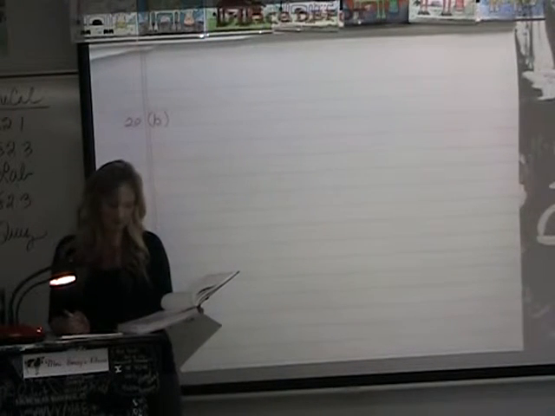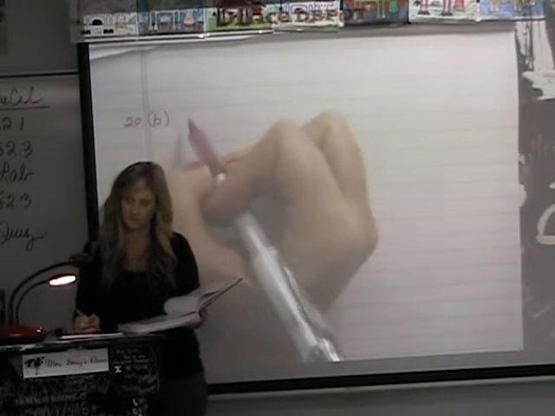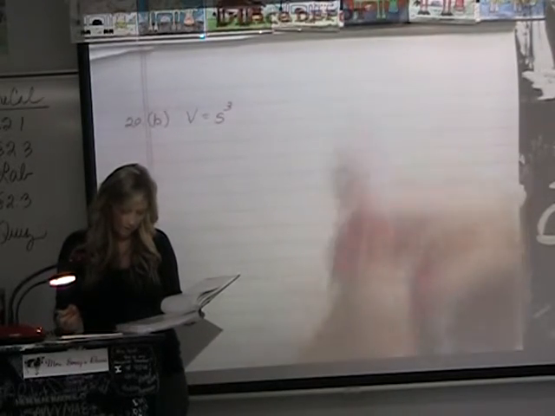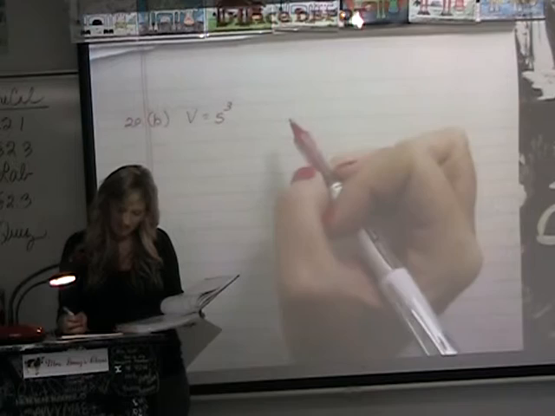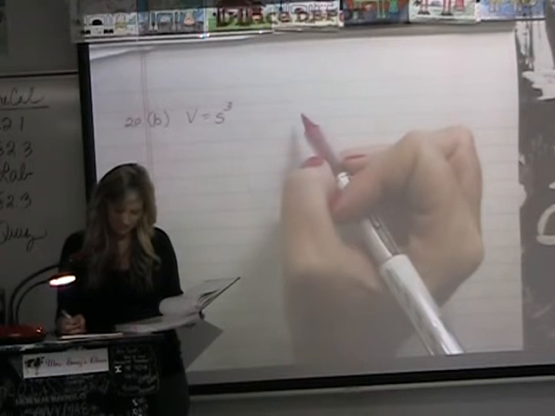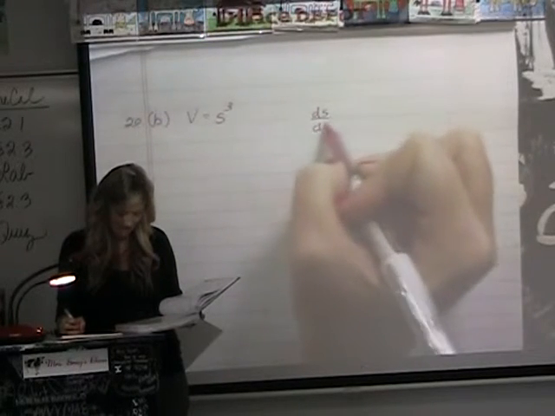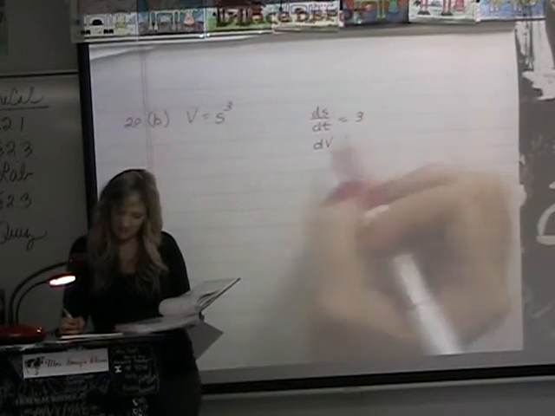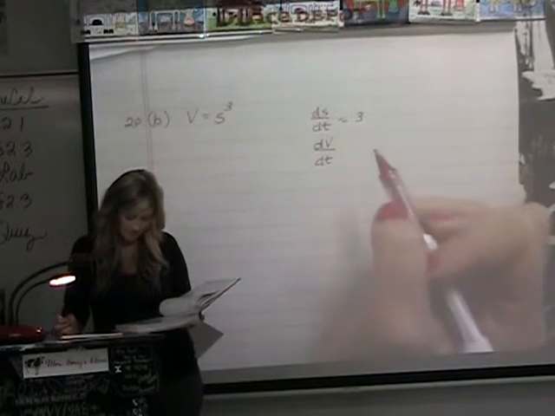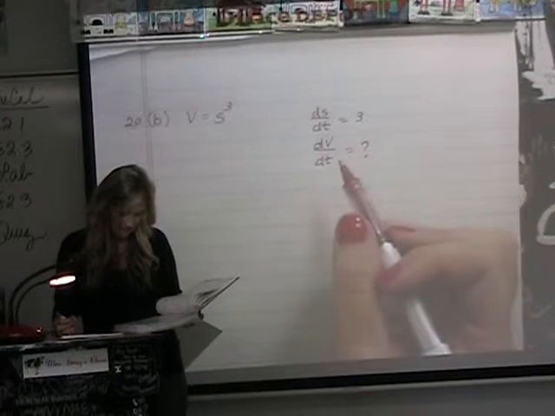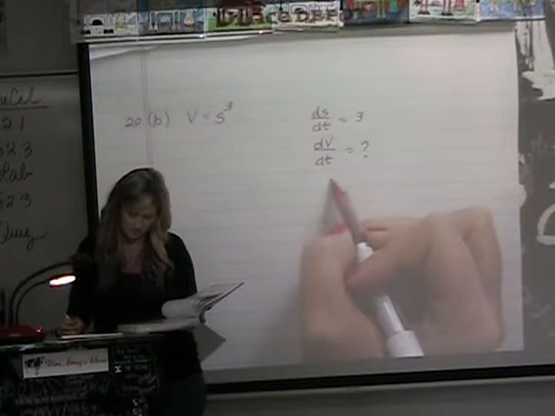So tell me what formula you guys used on number 20. V equals s cubed. Good. And so what I know about number 20 is that my edges, or sometimes called side, little s, is expanding at a rate of 3 centimeters per second. So ds by dt equals 3. We want to know dv by dt. That's what we don't know. And for part B, it is at 10 centimeters. So side equals 10.